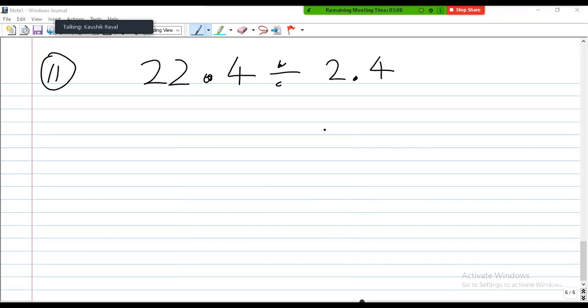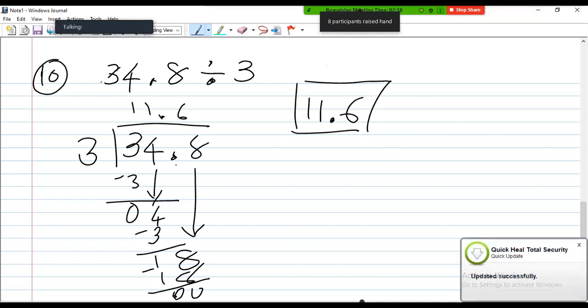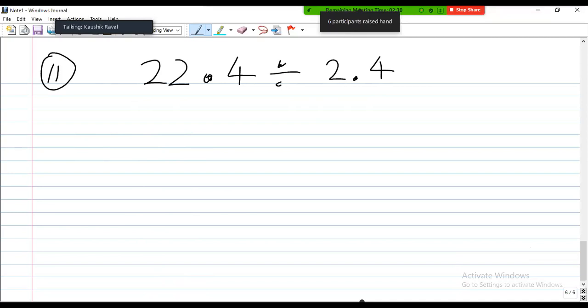I'll show you number 10. Solve this example. I'm going to show you the previous slide. Come on, solve this. You know how to solve this. You already have solved it. Okay, good. Going back to the last slide, number 11.